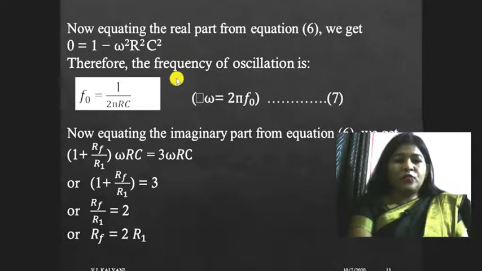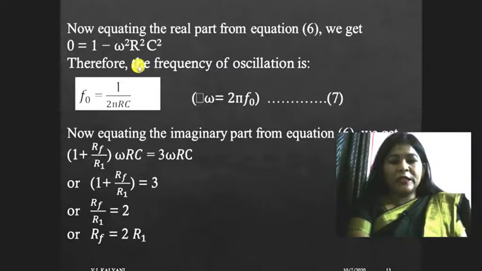Therefore the frequency of oscillation: omega is equal to 2 pi f naught, as we know.